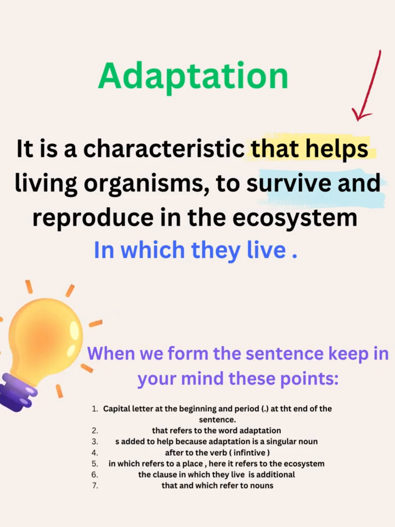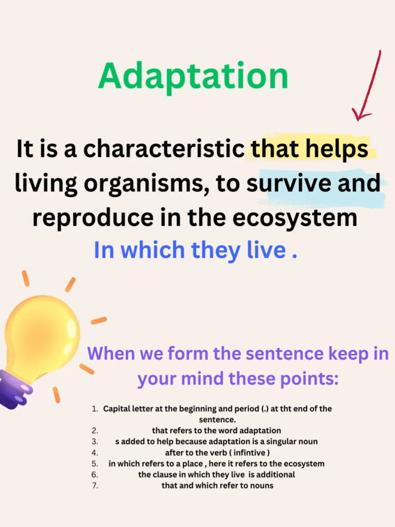And after to, we bring the verb in the infinitive. What is the meaning of infinitive? The verb without adding s or es or ed or ing. So we call this infinitive. So after to, bring the verb in the infinitive form.